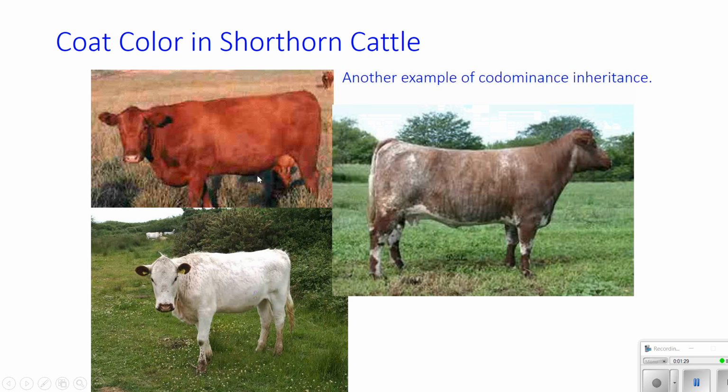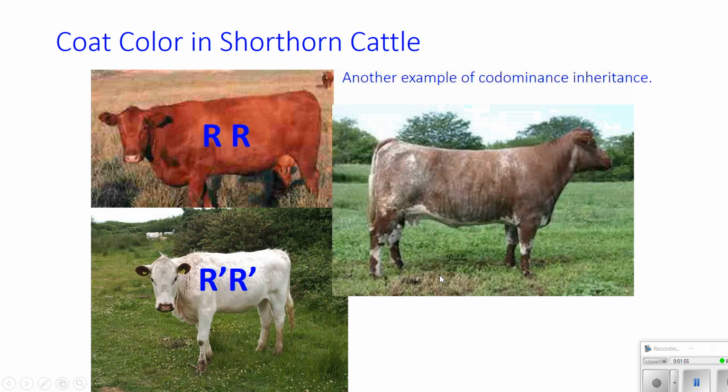You can see in this particular species of cattle, there are three phenotypes. This sort of brownish color is actually referred to as red, and then obviously you have white, and then you have what seems to be an in-between color, but I'll talk in a moment about what is really going on with this animal here.